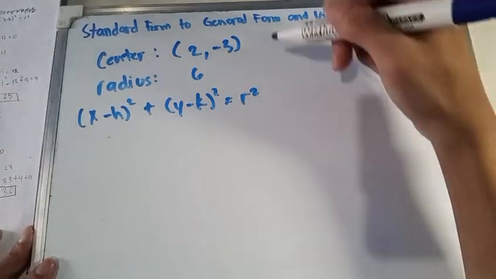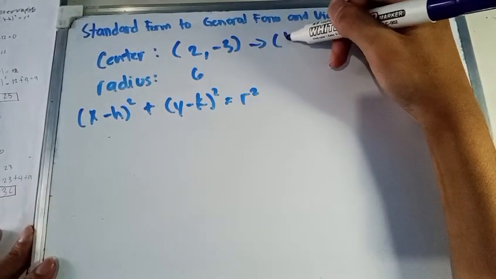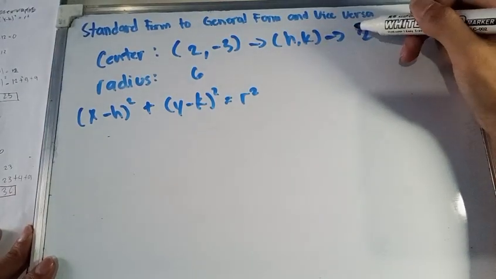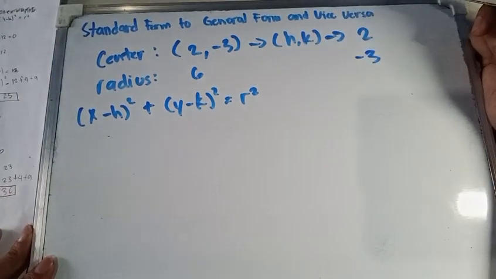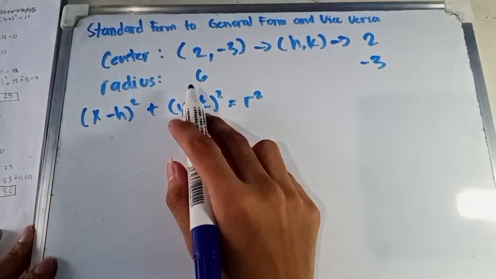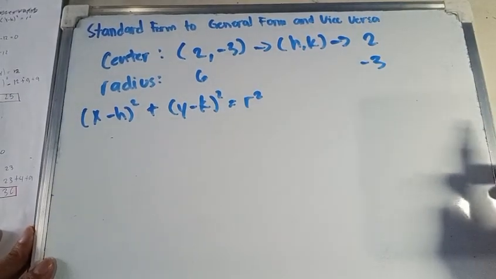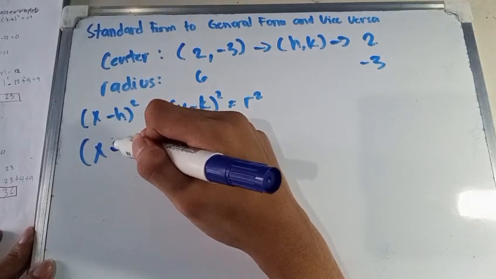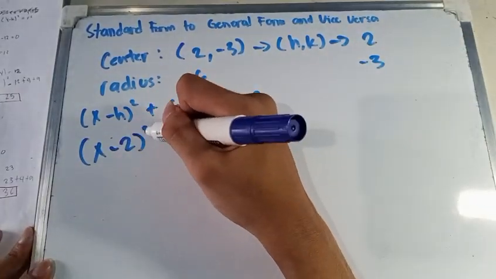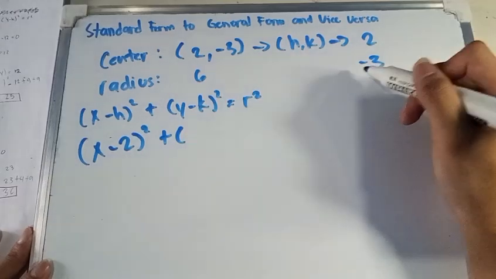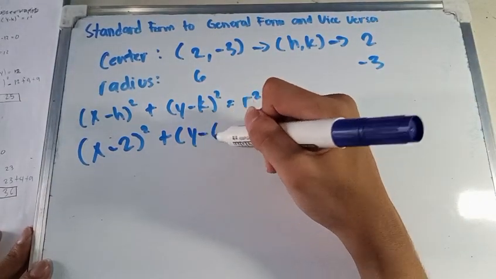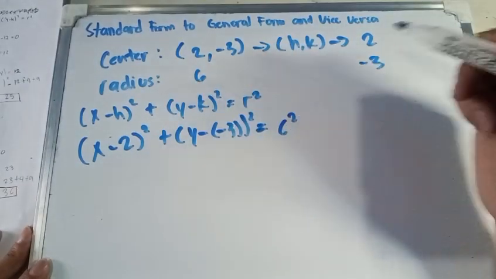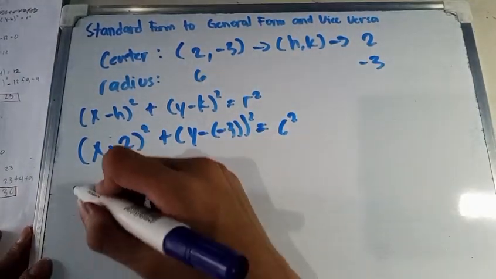Our h and k here are 2 and negative 3, while our radius r is 6. So let's input the values. H is positive 2, y minus k or y minus negative 3, equals r squared, which is 6 squared.